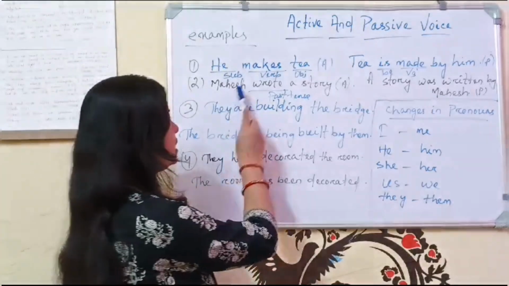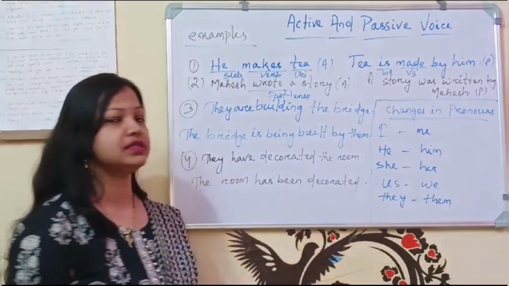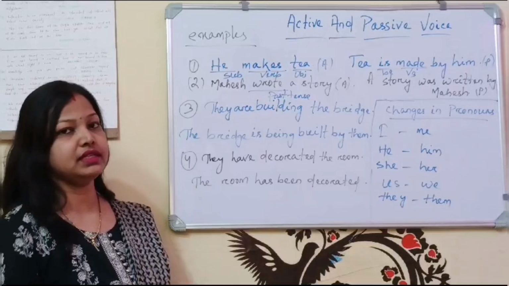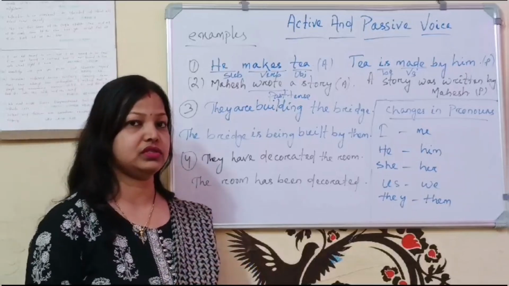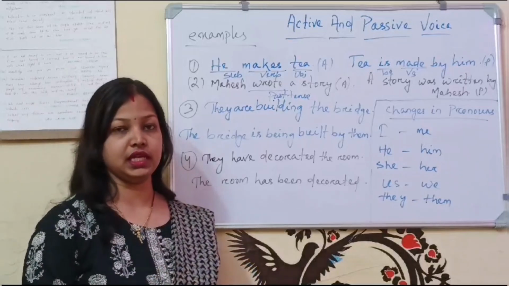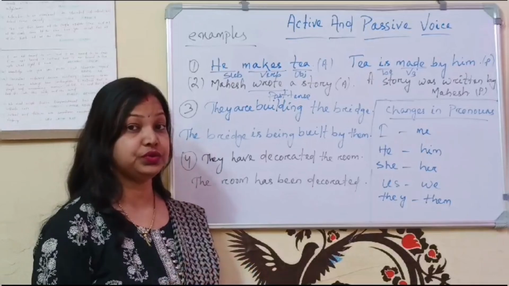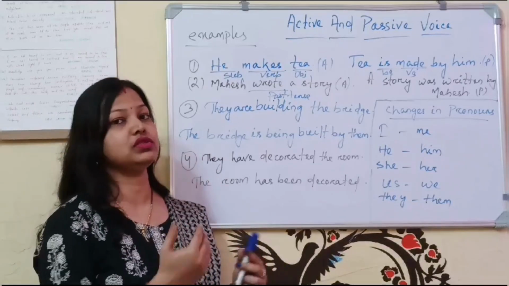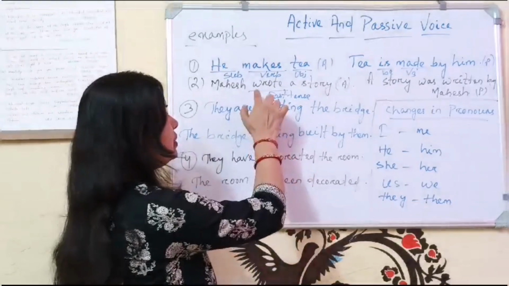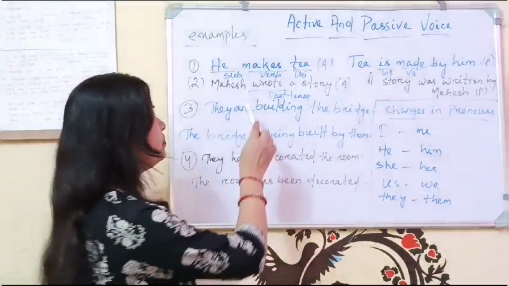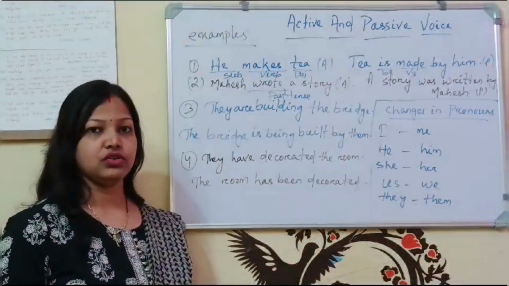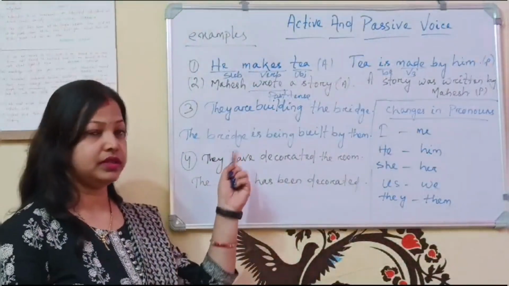So see here, next example is Mahesh wrote a story. It is in active voice. A normal sentence, in which there is no be plus verb 3, is in active voice. How will you get to know whether it is active voice or passive voice? Check whether be plus verb 3 is written here. Be means is, am, are, was or were. It is not here.